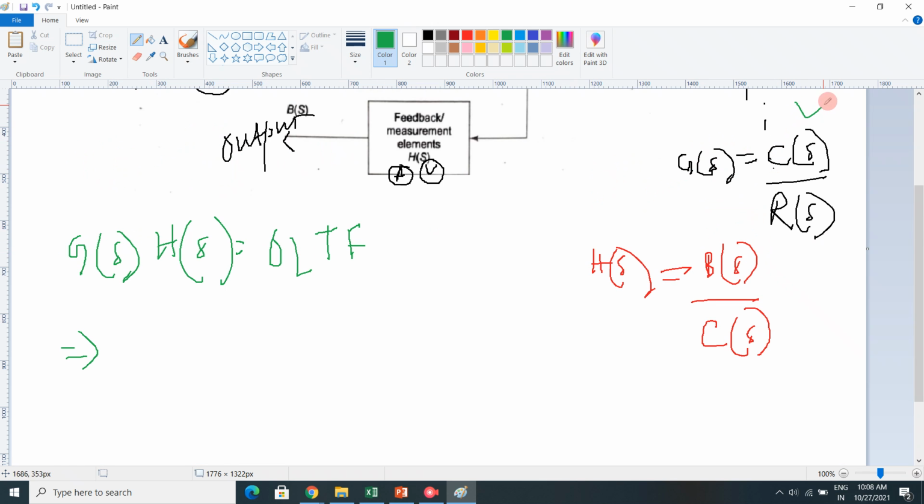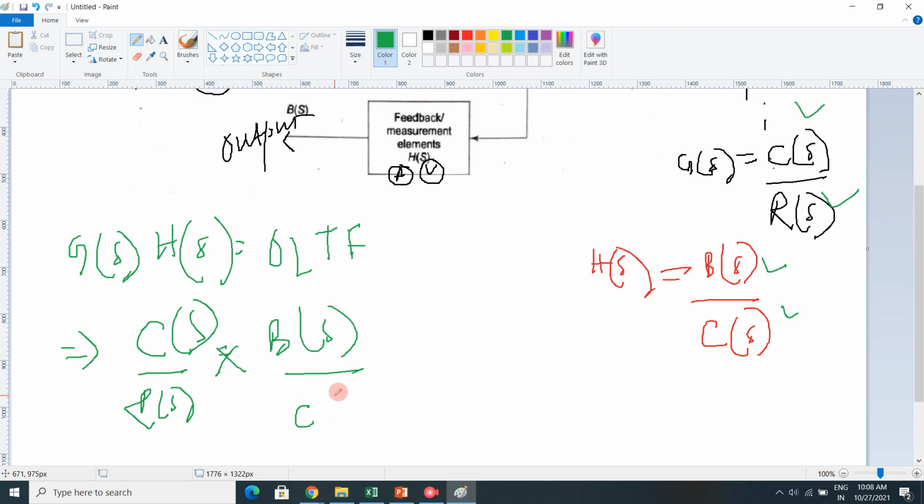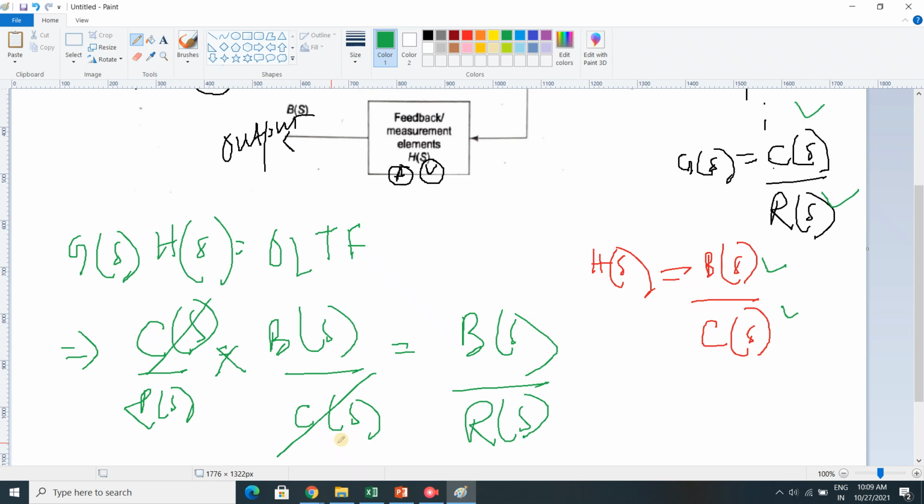G(s) is equal to C(s)/R(s), and H(s) is equal to B(s)/C(s). So this will get cancelled, leaving B(s)/R(s).